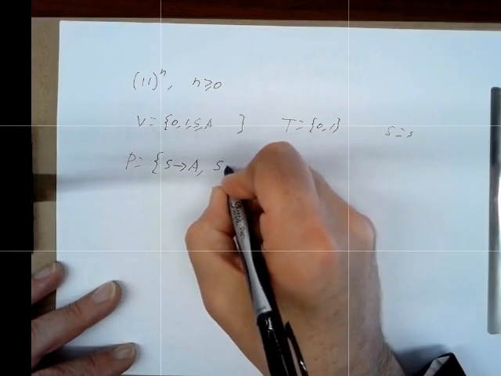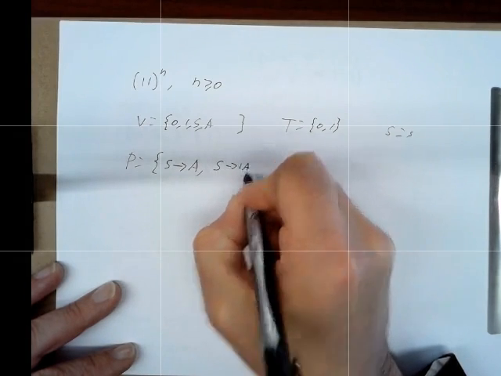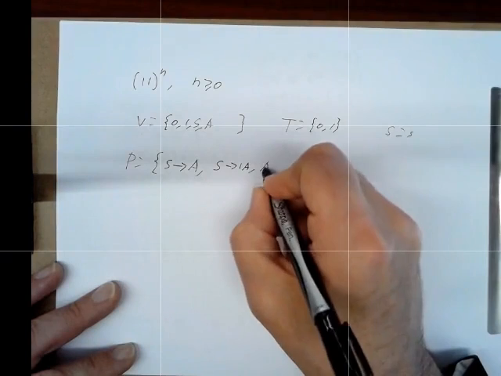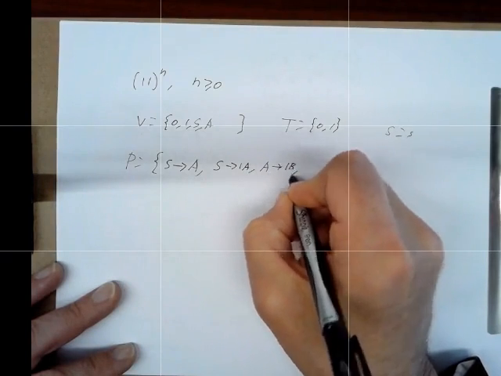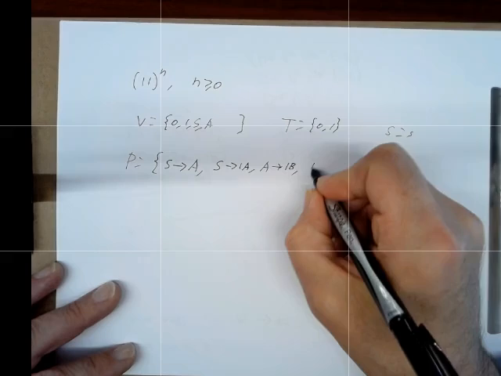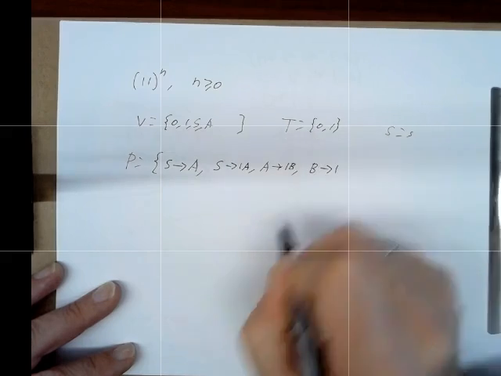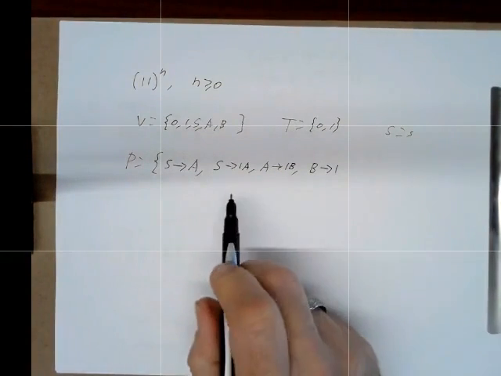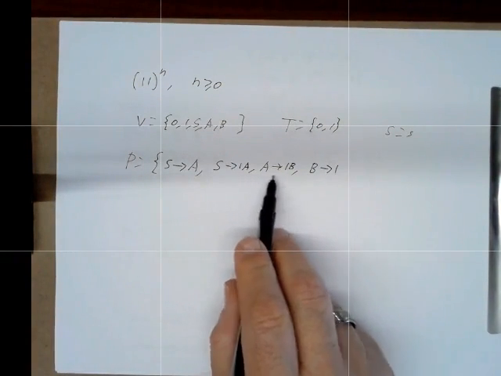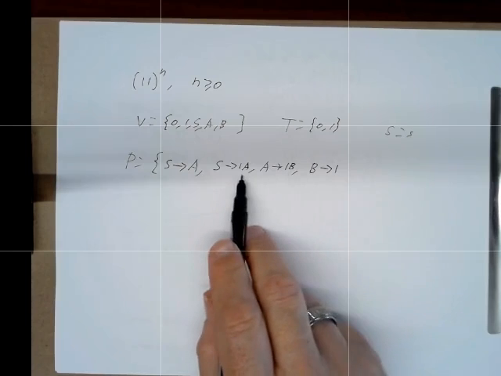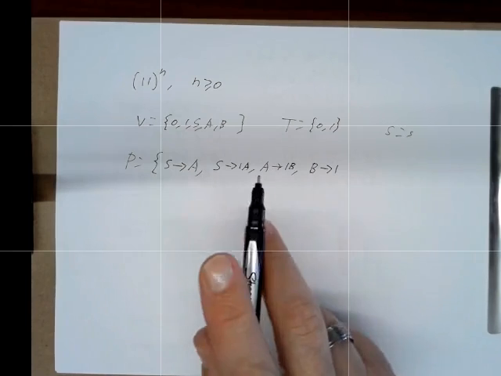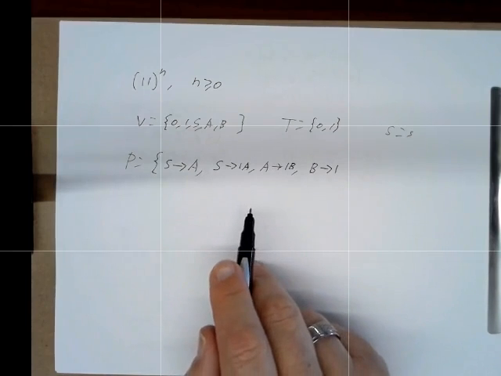Yeah, that's pretty good. And then A would be 1B, and B is 1. So that'll be a 1A, which will be a 1 followed by a B. So this will be a 1 1 followed by a B, which looks like 3 1s. And then it should keep going.